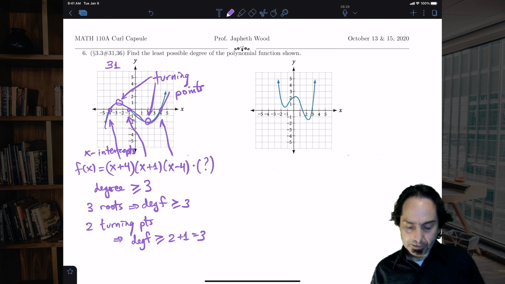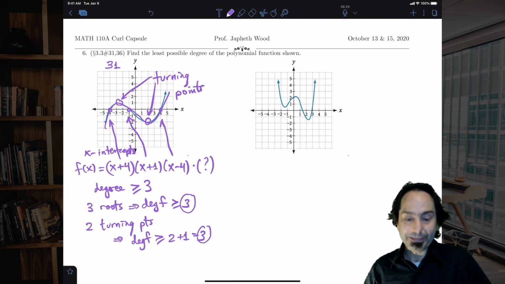So 3, it agrees, the degree of this function must be at least 3, and seeing those factors, that's actually a potential for the function. We may have to scale it with a coefficient, but the degree is at least 3.